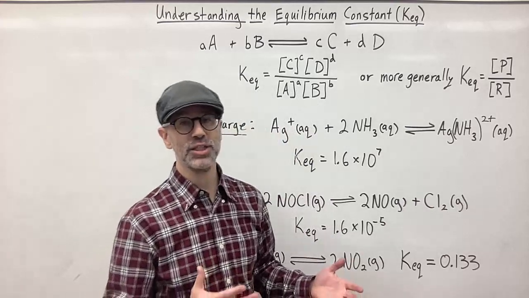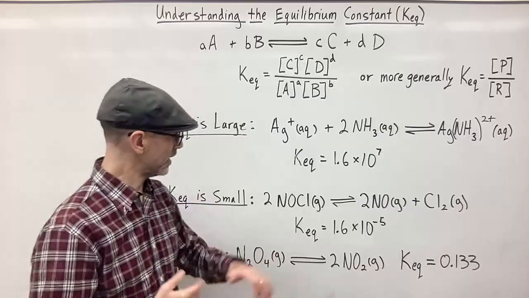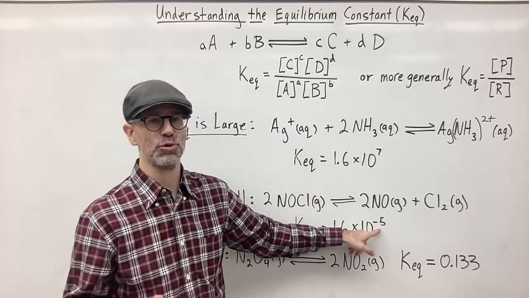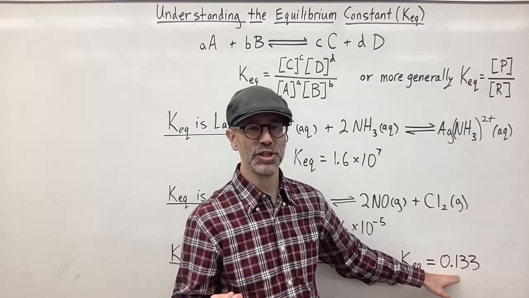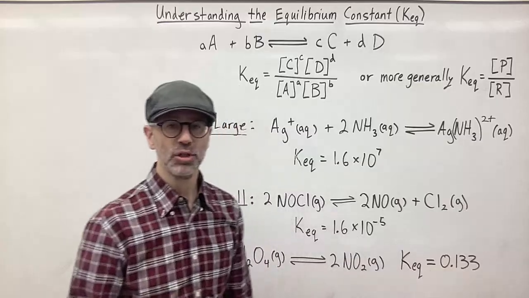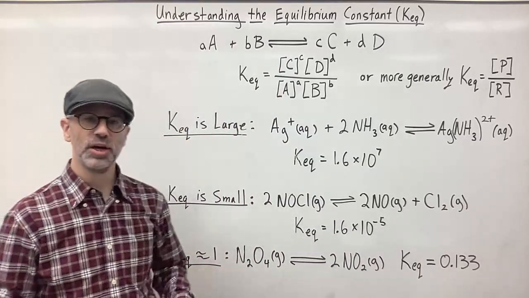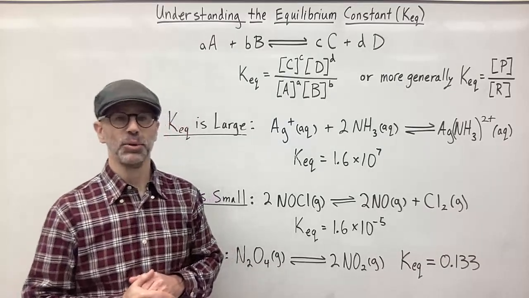It's not a very small number, so it's not anything like this here, right? So that's 10 to the -5. That's really, really small. This is small, but it's not very small at all. It's close to 1. So that would be pretty much where the equilibrium concentrations are close to each other at equilibrium.